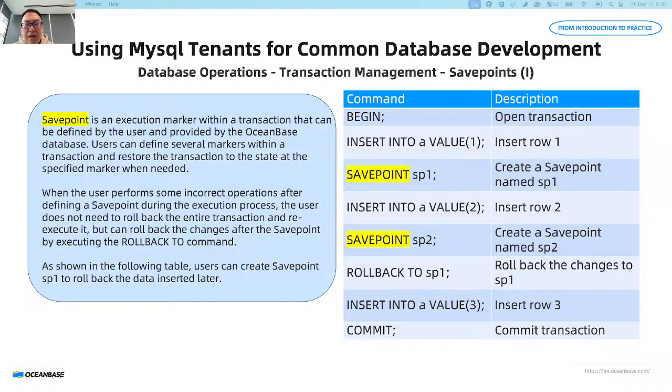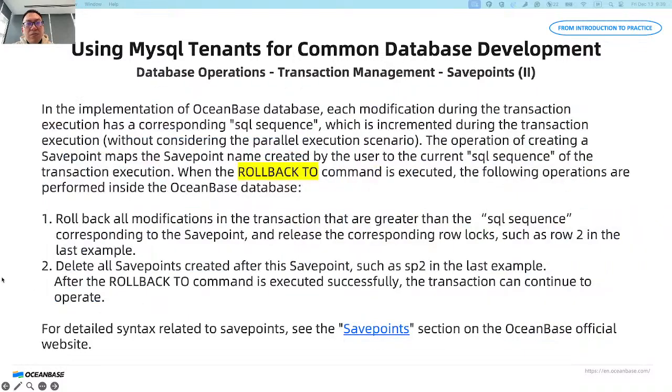As shown in the table, the user can create savepoint SP1 to roll back the data inserted later. In the implementation of OceanBase, each modification during the transaction execution has a corresponding SQL sequence, which is incremented during the transaction execution.